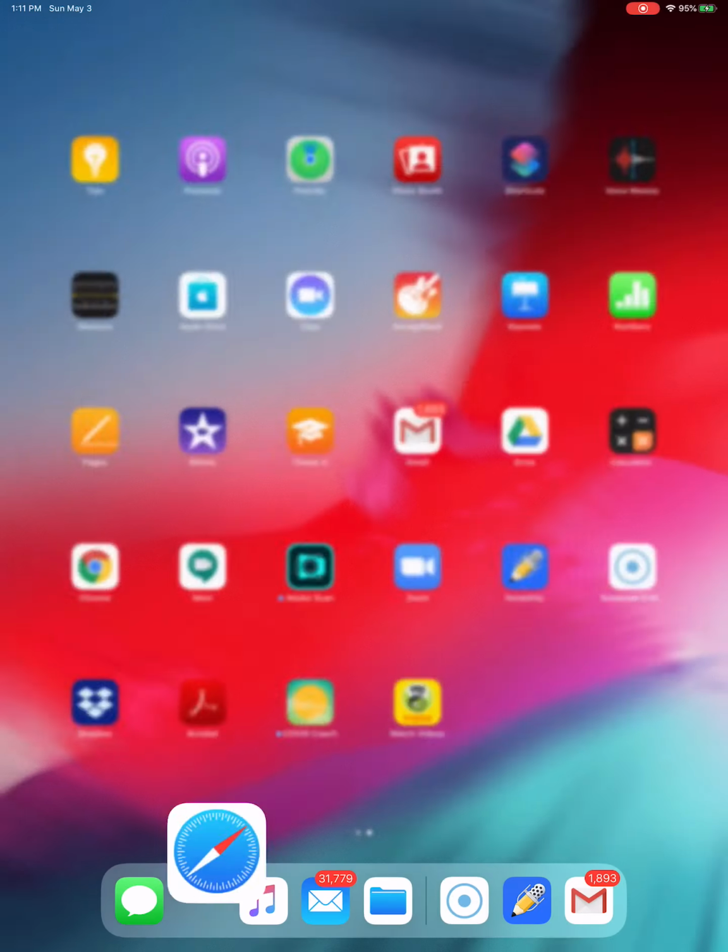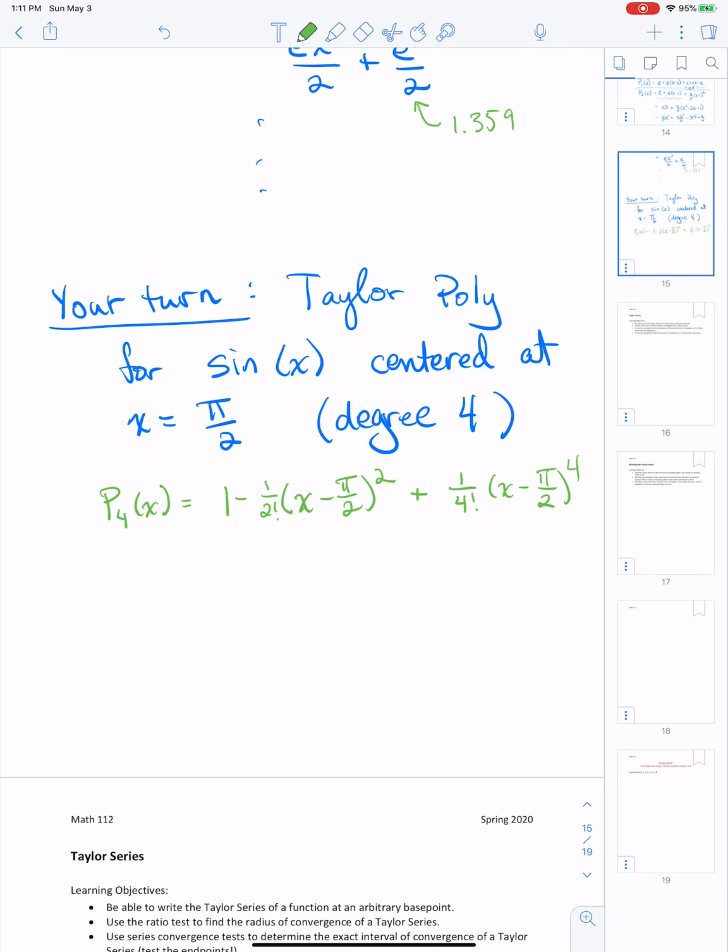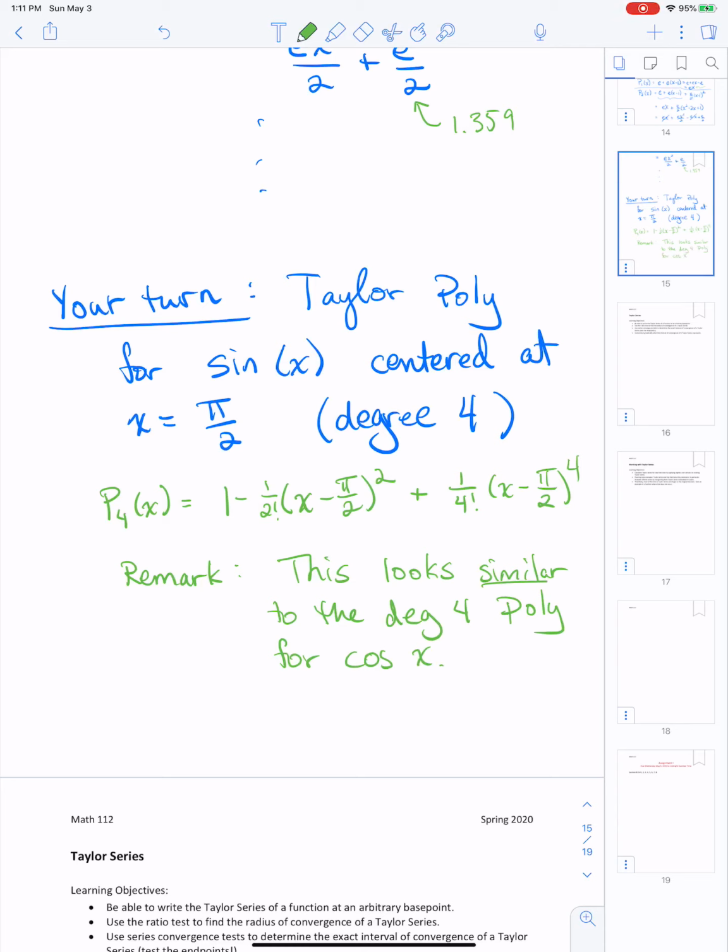The last thing I'll comment about this exercise is that you'll notice the similarity between this polynomial, so this looks similar to the degree 4 polynomial for cosine. It looks similar. In particular, this is the degree 4 polynomial for cosine, except it has been shifted.